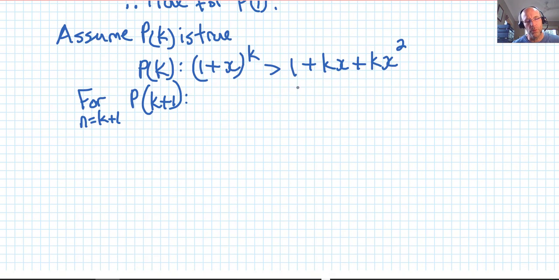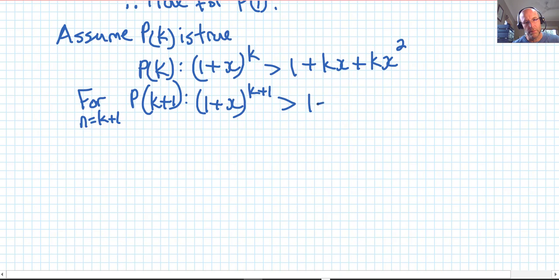So for when n equals k plus 1, doing the inductive step now, we look at the proposition, and that would be (1 + x)^(k+1) would have to be bigger than 1 + (k+1)x + (k+1)x².